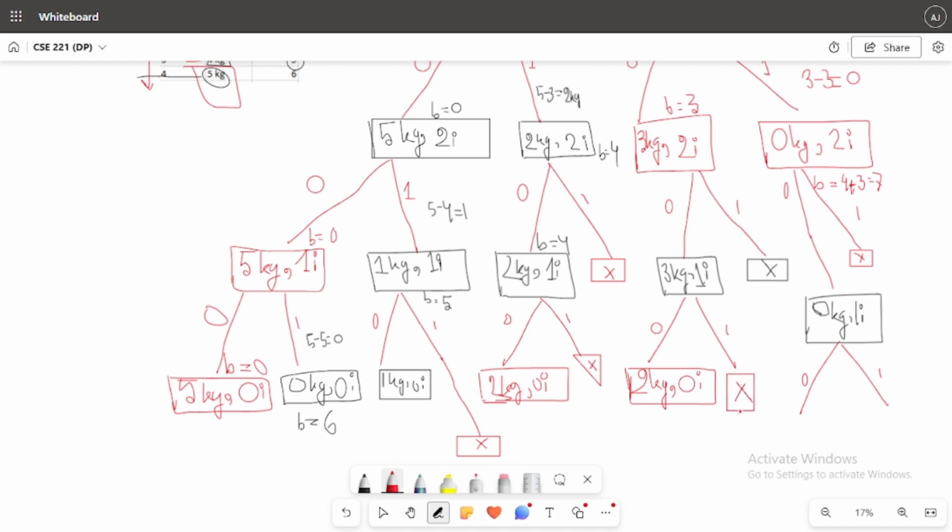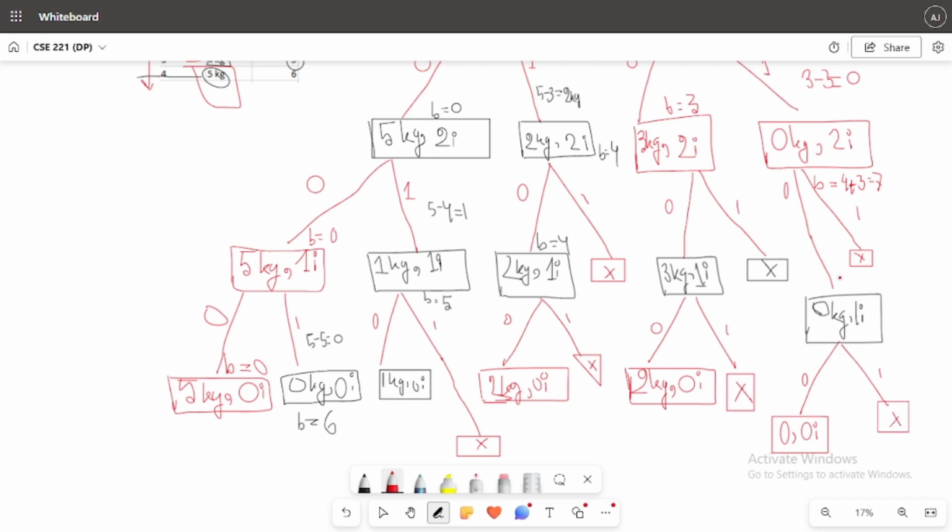Now for 0 kg 1 item, it will remain the same, 0 kg, and how many items will be now? 0, right? And again we cannot pick any item because it is 0 kg and we got 5 kg. So sorry sir, we cannot pick anything.